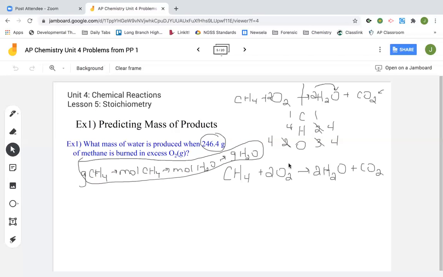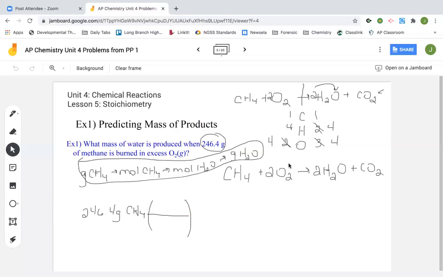So the way we're going to set this up is we always start with the number in the question. So we have 246.4 grams of methane, and we want to convert this to moles of methane. So in order to convert it to moles of methane, we set up our first fraction. Remember, whatever unit we start with is the unit that goes on the bottom.